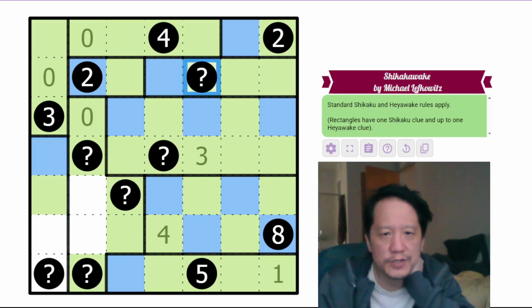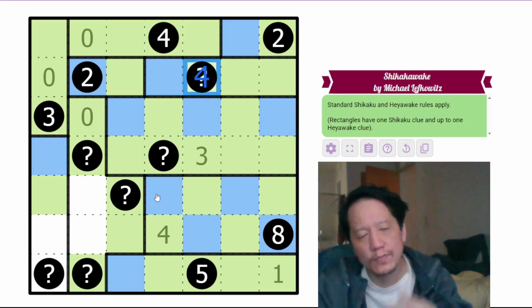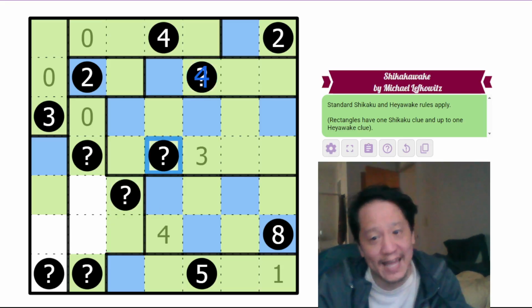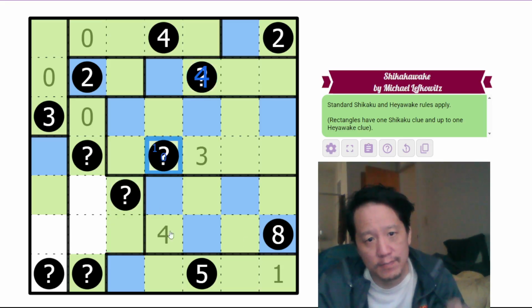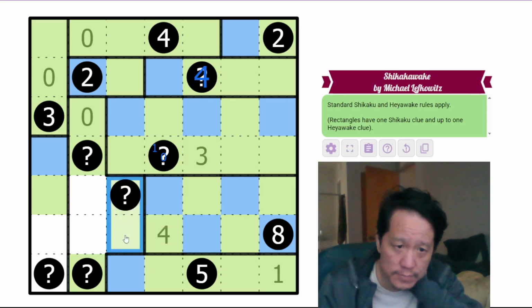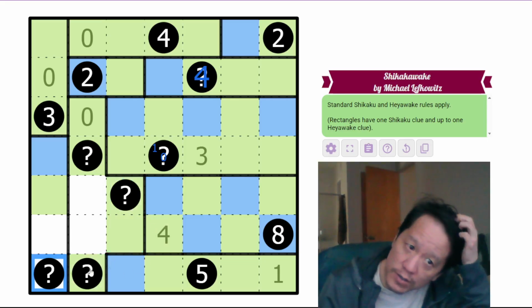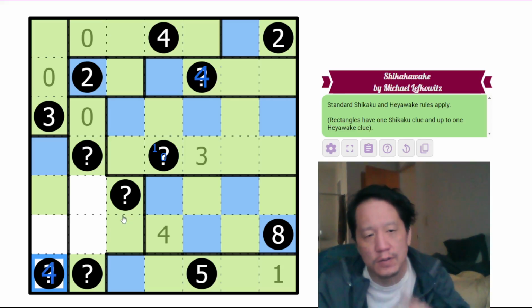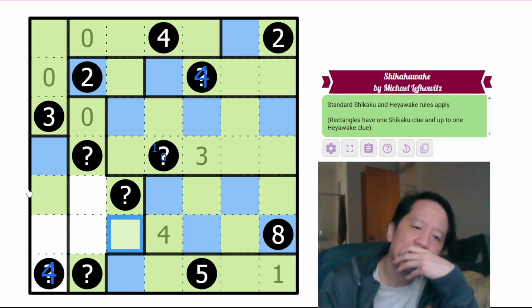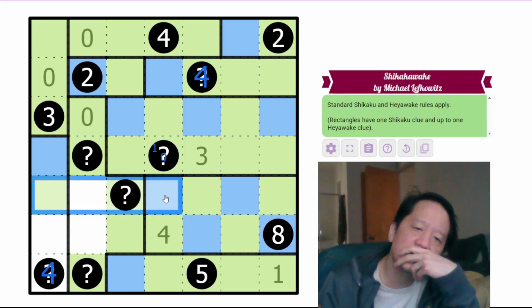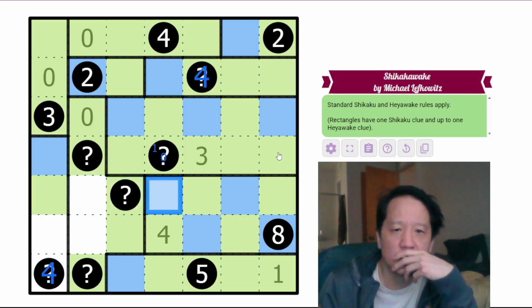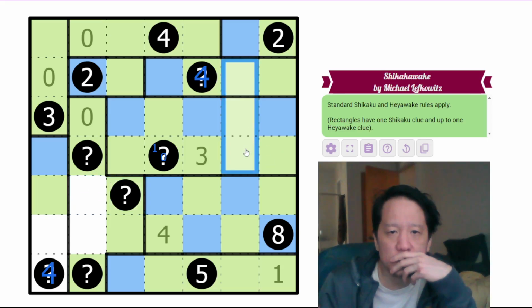So we know this is 4. This is 10. We don't know what these numbers are. This is 4. We don't have any. This is done there. Okay. 2 rooms.